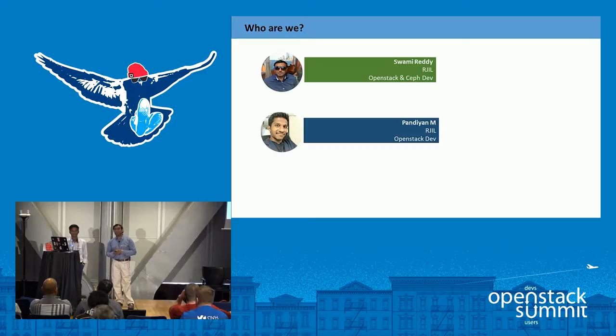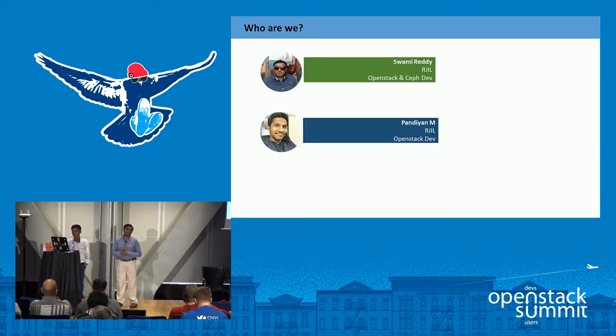I have around 15 years of open source community experience, like linux.org, gnu.org, gcc.org. So I am familiar with open source communities across the world. Now let me introduce my colleague, Mr. Pondian, who is an ATC in OpenStack and a key contributor for all projects. He is doing a lot of patches, and he is one of the core community members in the India OpenStack community.